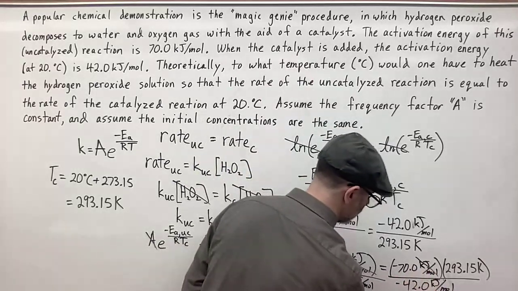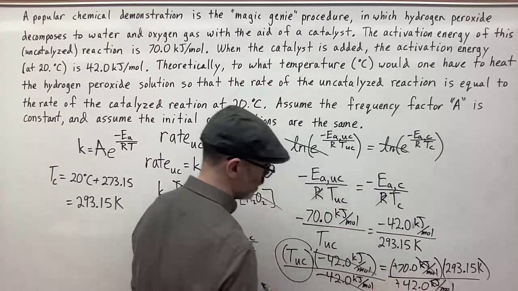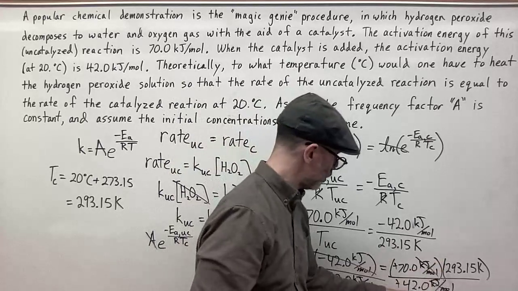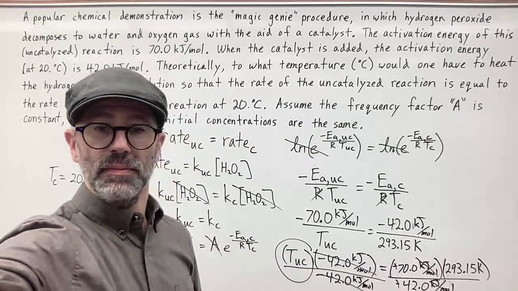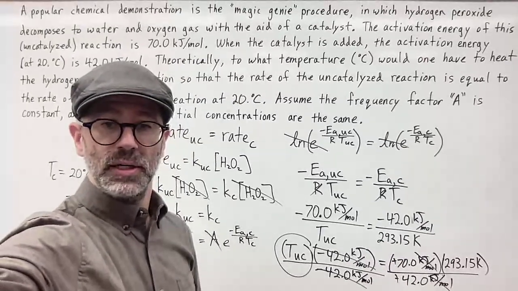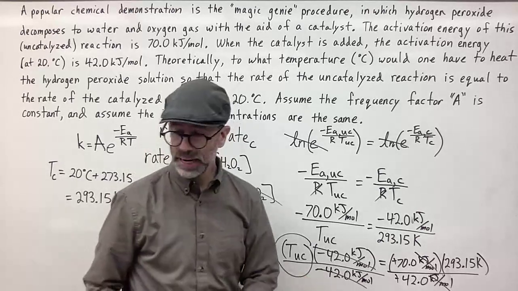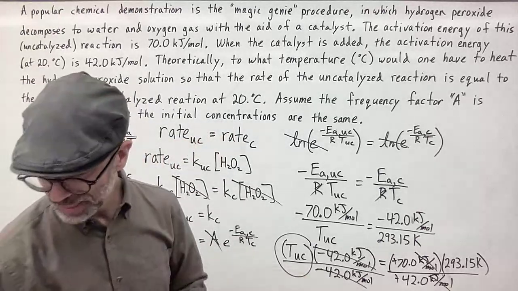And then notice that the kilojoules per mole cancel out, the negatives cancel out, become positive. And so now all I need to do is multiply these together, divide by that. There you go. So now you can see that better. And so when I calculate that, I get 488.